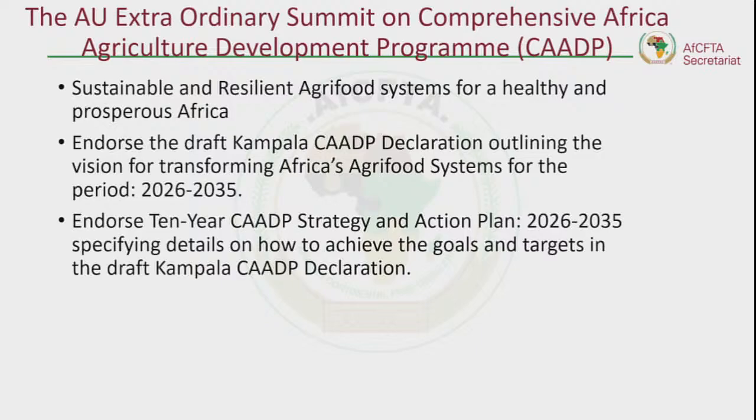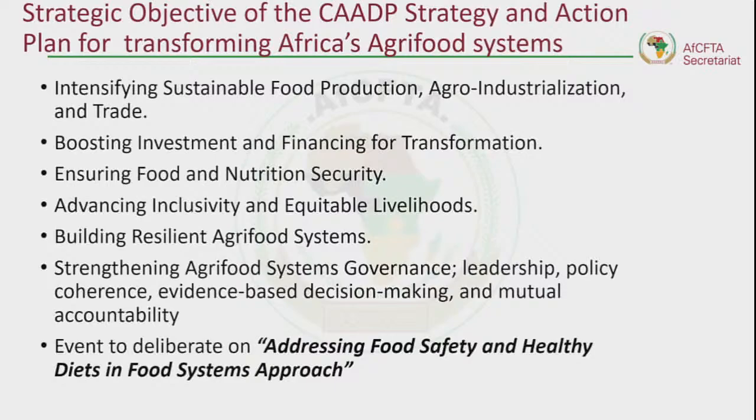So it was a very successful summit, as you will have all heard. But just to say that the document that brought the different presidents to Uganda has 6 strategic areas. The first one is intensifying sustainable food production, agro-industrialization, and trade.